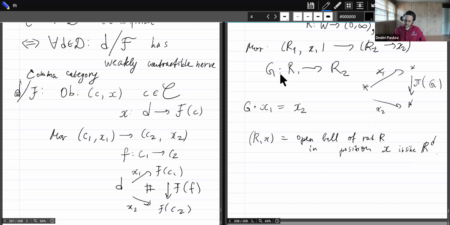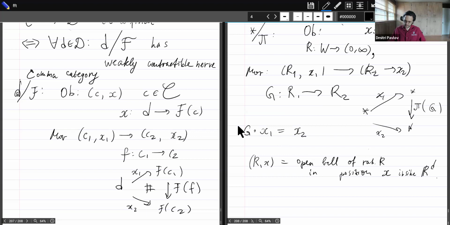And then a morphism. Notice, because of this condition here, this implies G equals x2 x1 inverse. A morphism, if it exists, is uniquely determined by its source and target.